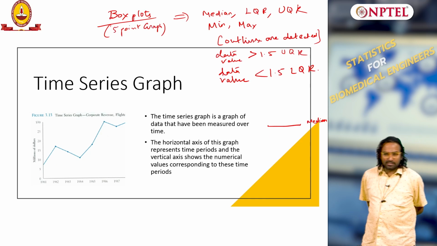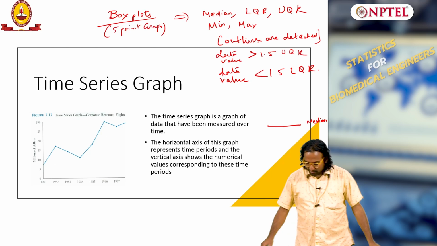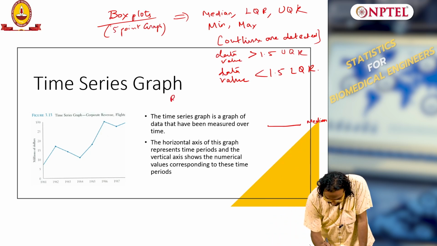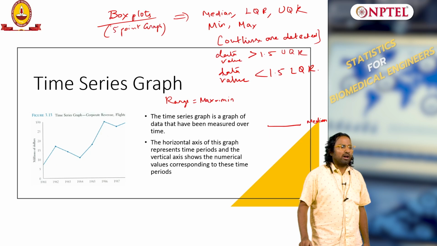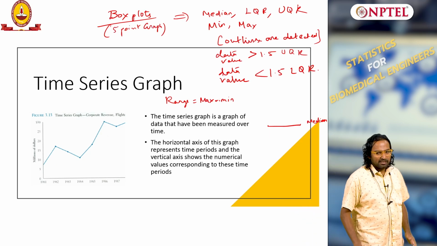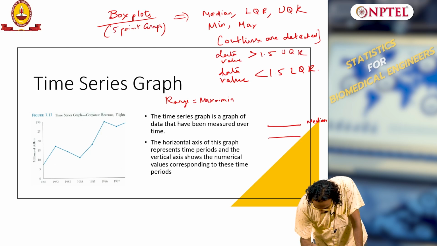So, 0 to 100%, you know what a range is? Range is the max minus min. So, now you have 25%, that is nothing but your lower quartile range.